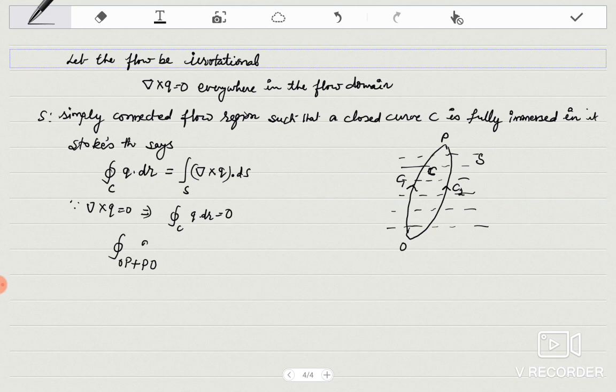So the integral over OP of q dot dr plus the integral over PO of q dot dr is equal to 0.